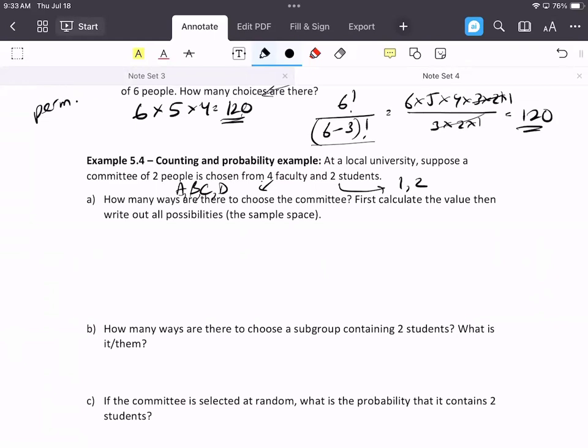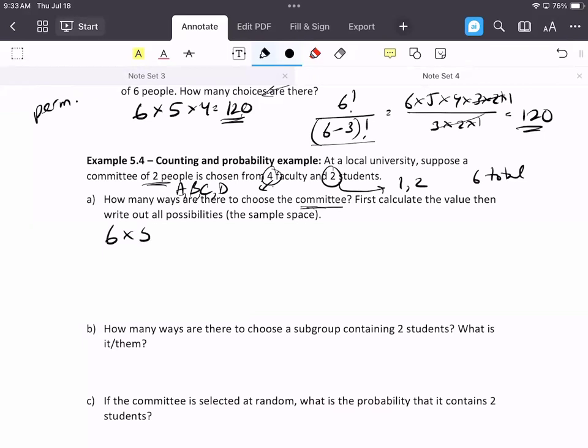How many ways are there to choose a committee? Well, does order matter? We've talked about committees before. Order doesn't matter. In this case, I choose a committee of 2 people. So there'll be 1 out of the 6 total, since there are 6 people that can be chosen from the 4 plus the 2.